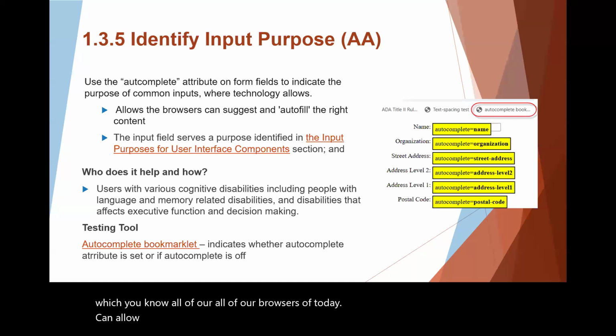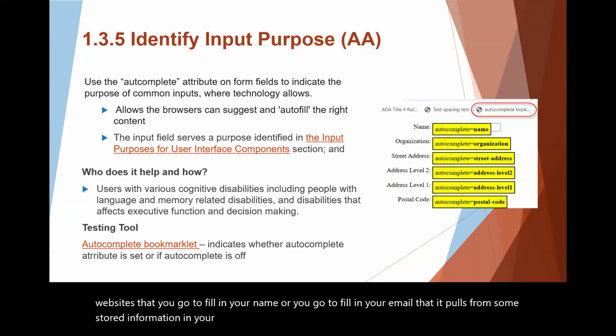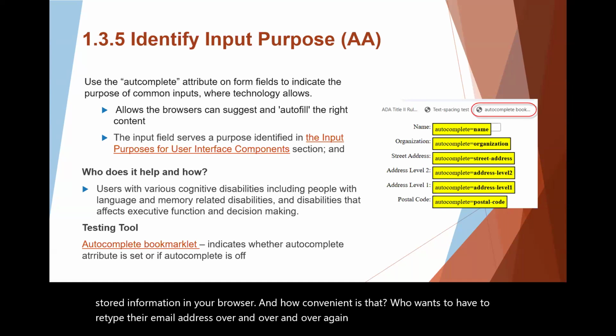Some of you may notice when you go to certain websites and fill in your name or your email, that it pulls from some stored information in your browser. And how convenient is that? Who wants to have to retype their email address over and over and over again? So this is something done programmatically behind the scenes.